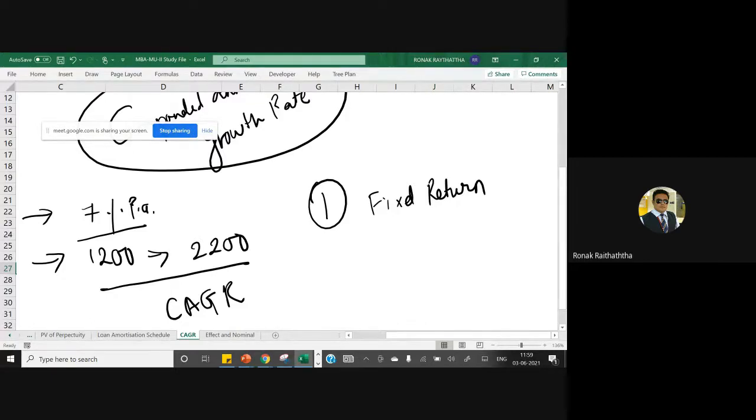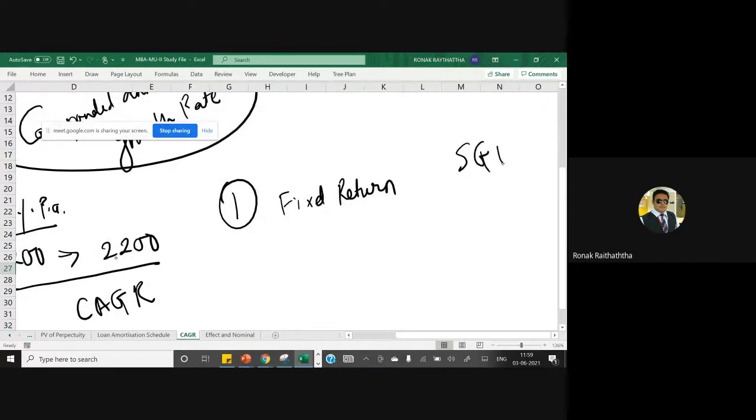Some other investments, government bonds, you get a fixed percentage of return. But some other investments do not give you a fixed return, but give you an increment in the market price, like shares, or the gold bonds issued by the government of India, which is also a very attractive investment. I'm a great fan of the sovereign gold bonds, SGB. You may explore that further, because if you take gold, you will have to store it, you will have to physically keep it somewhere. In gold, what is the benefit you get in terms of return?